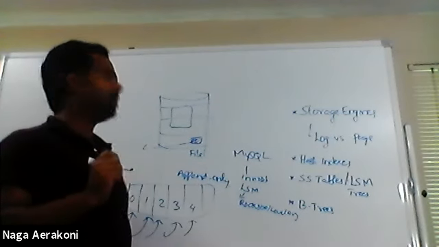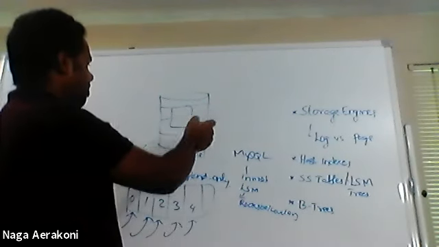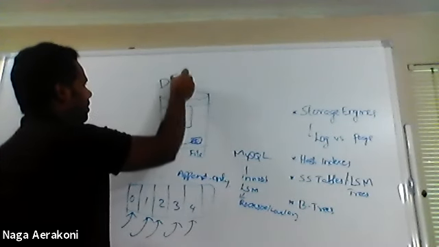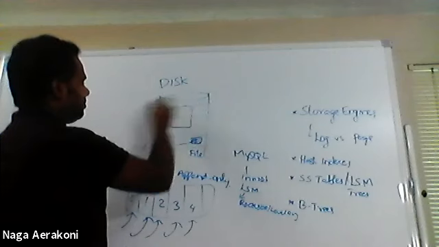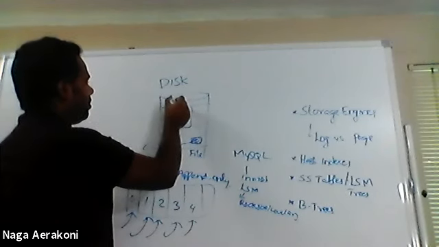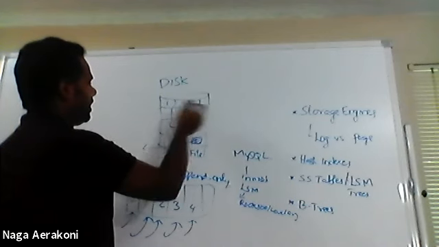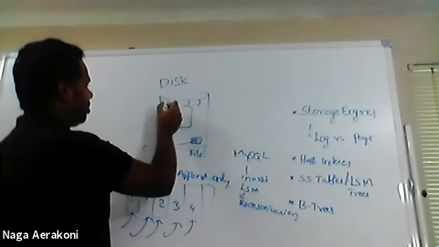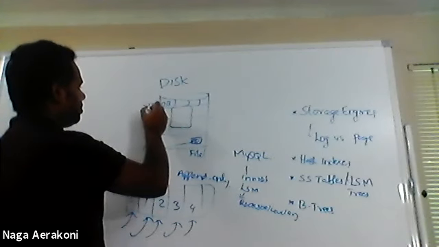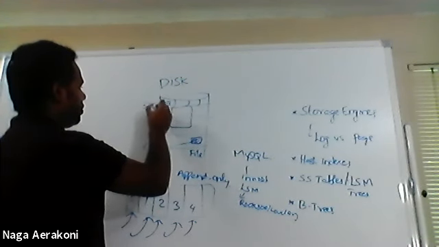Whereas the page oriented storage engines organize the data in the form of blocks inside the disk. There are small blocks or sectors in the disk, and each sector is divided into small blocks of, say, 512 KB.